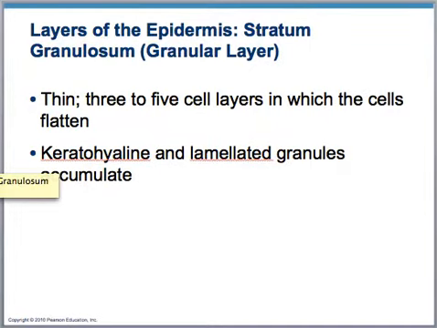This is a very thin layer, only 3 to 5 cell layers thick, and this is where the cells start to flatten out. So they're becoming that squamous shape that we talked about last unit. And then this is where keratin granules and other lamellated granules appear.